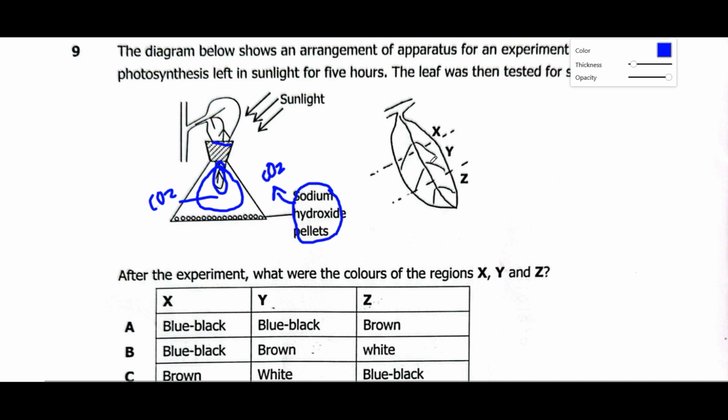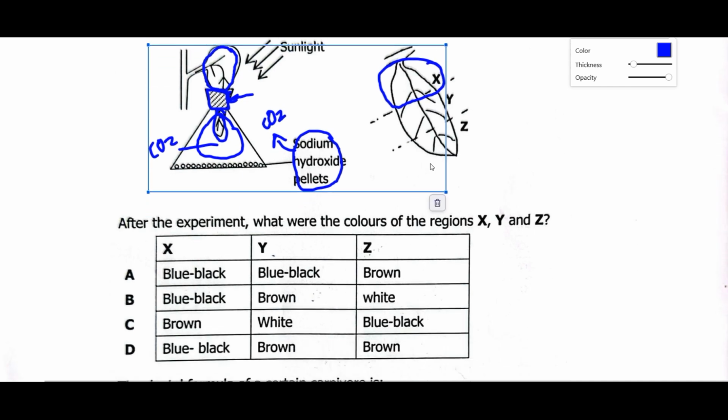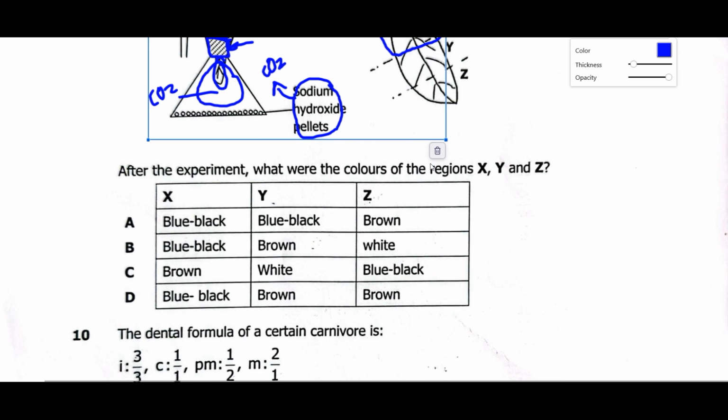Then at this part, it's covered. So at this point, the light is not able to reach the part of the leaf. So the only part that we are expected to have starch is this part, since there is carbon dioxide and sunlight. So X is the only part that we are expecting to be positive for photosynthesis. So let's look at the multiple choices.